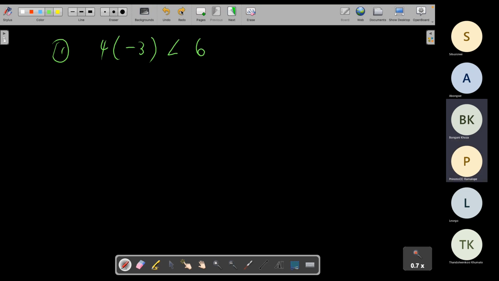So what do we do here? Let's multiply everything inside the bracket with this 4. So it becomes 4A minus 12.